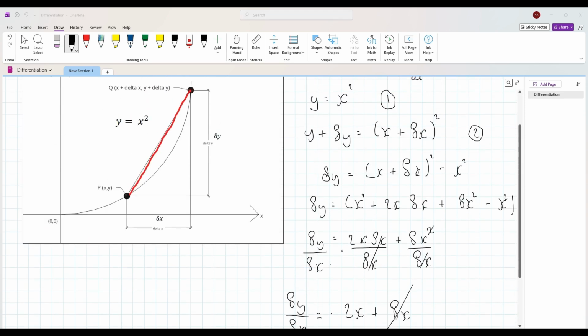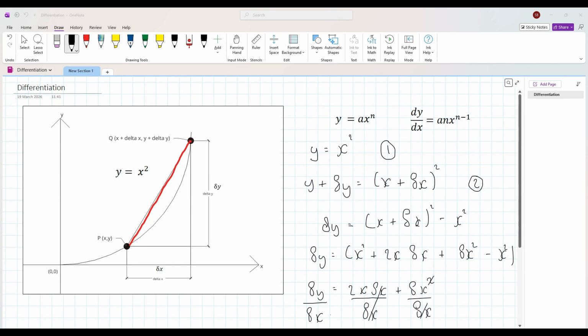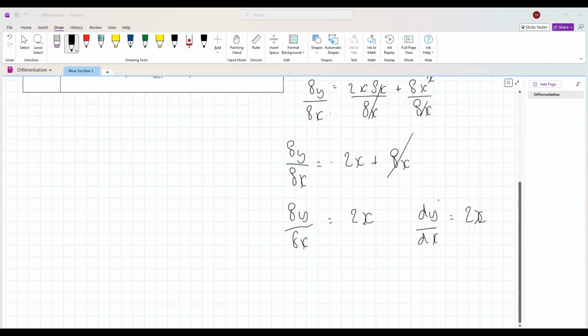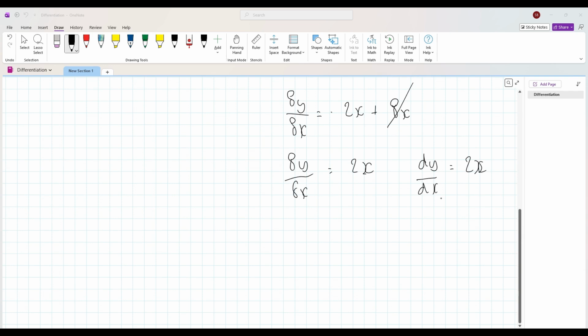And just to take your attention again to the formulas at the top, we have dy dx equals a n x to the power n minus 1. So using that rule with the equation y equals x squared, this becomes dy dx equals 2x. So there you have the matching differentials.